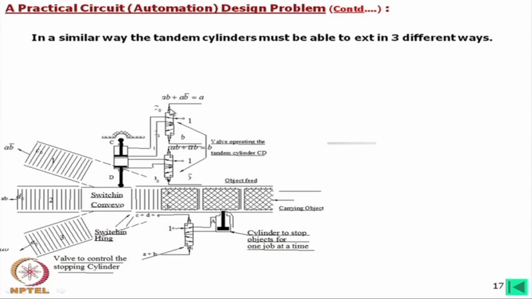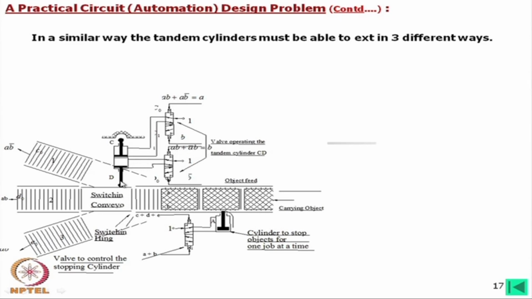You see how this will be operated. If you look into this, A plus B is equal to A, in that case this signal is there, that means this is being retracted, and for that one A B plus A bar B is equal to B, in that case this is also retracted.